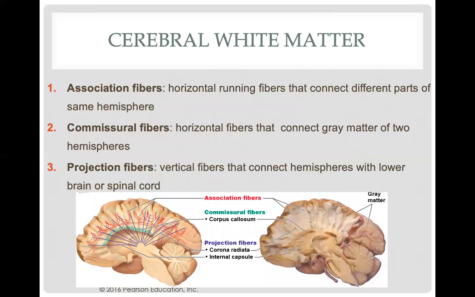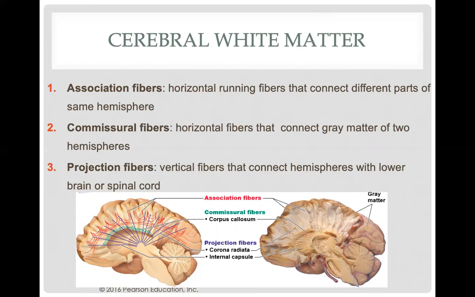The red lines that you see extending within your individual hemispheres are called association fibers. These are white matter that are basically extending and connecting areas within one hemisphere of the brain.